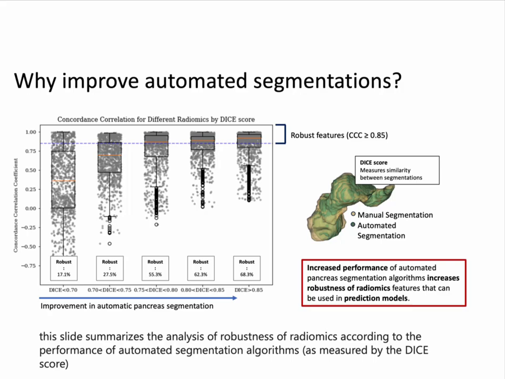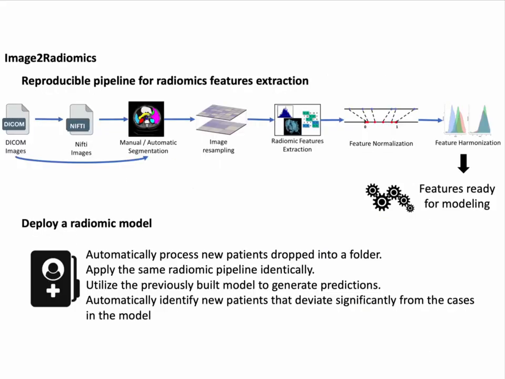Now, of course, the automated segmentation accuracy becomes so important. If you look at radiomics models, the more accurate the segmentation, the more accurate the radiomics. So if you don't get the entire gland or you have too much additional non-pancreas, your radiomics signature will change and it will not be as accurate.